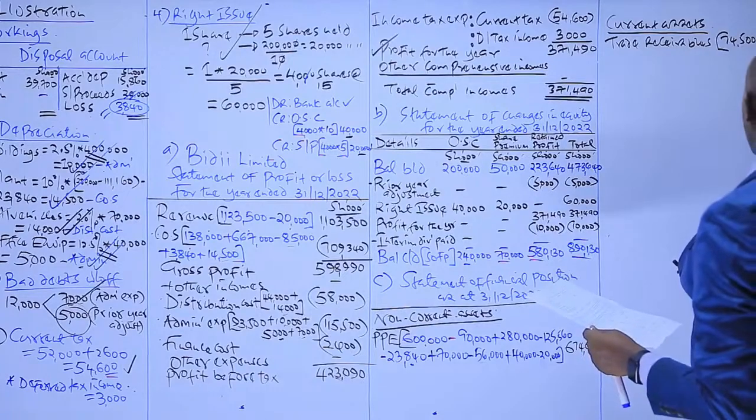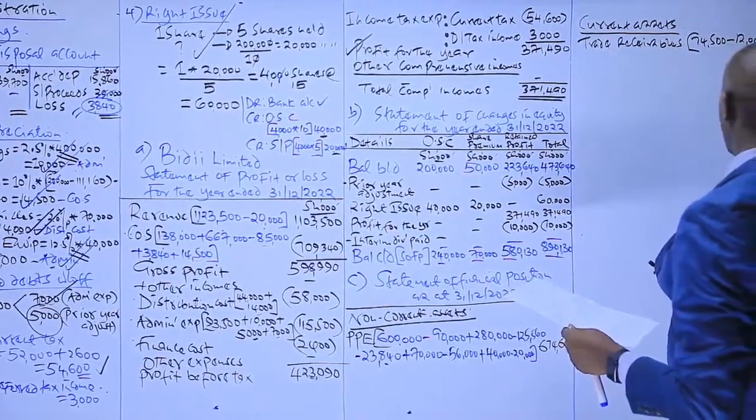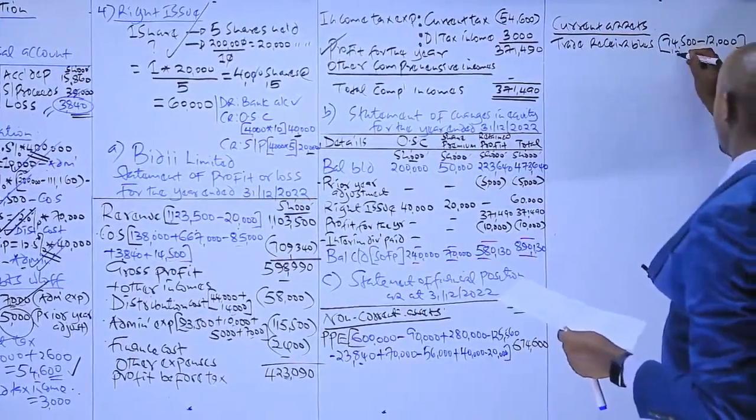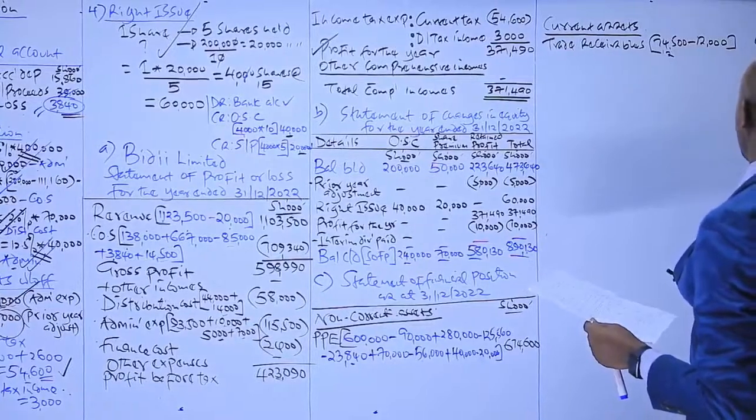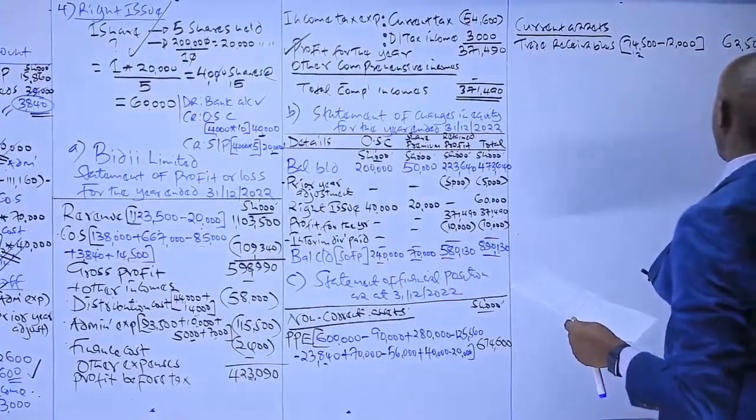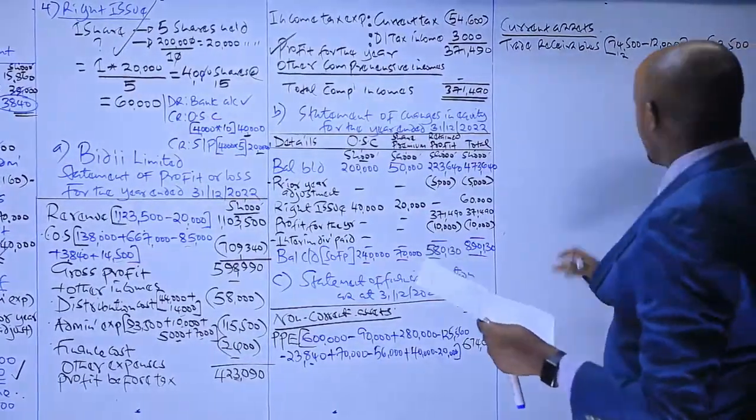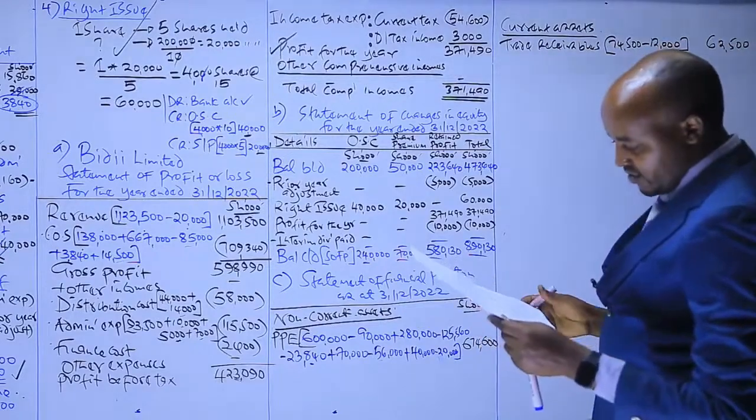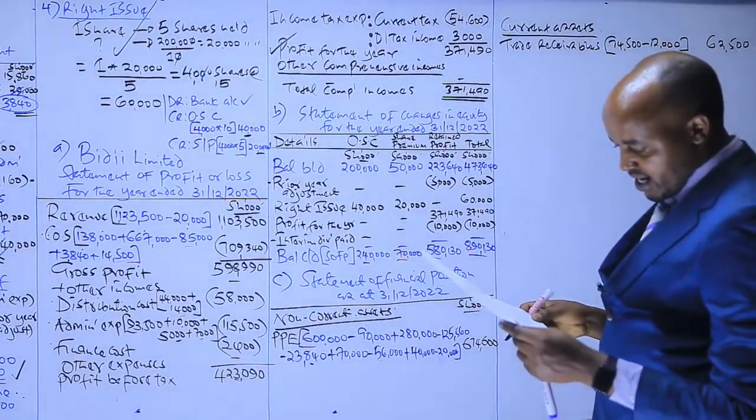So we reduce our receivables with an amount of 12. So we deduct 12 here, which will give us 62,500.